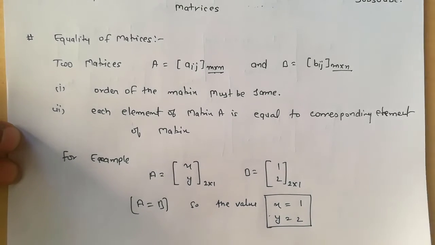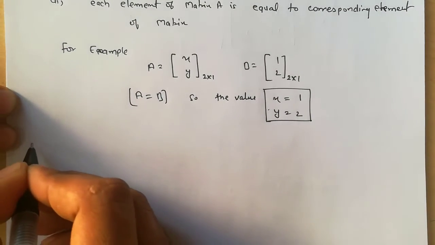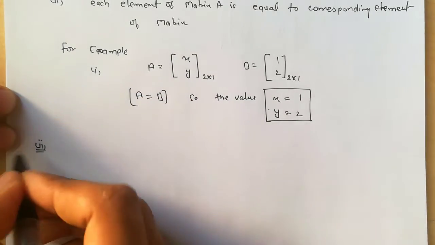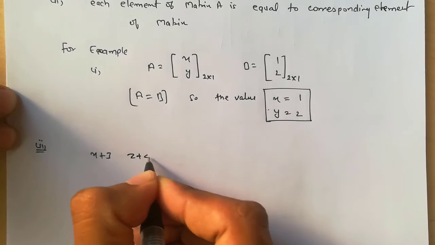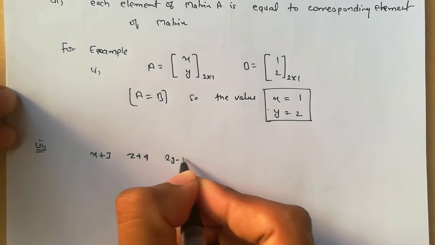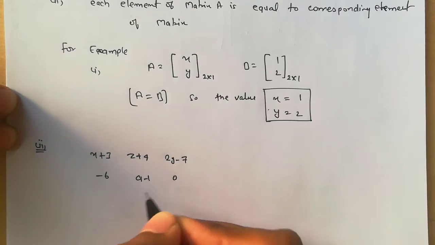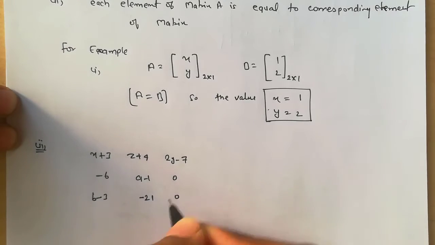Now we will take another example, the second example. X plus 3, Z plus 4, 2y minus 7, minus 6, a minus 1, 0, b minus 3, minus 21 and 0.